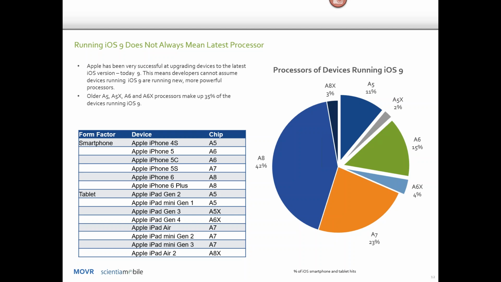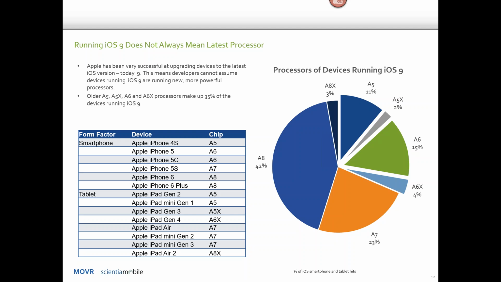Our analysis is showing that about 35% of them are running either the A5, A5X, A6, or A6X processor across both iPhones and iPads. And so you can't necessarily assume that you're getting an A7 or A8 processor if you see an iOS 9 operating system.